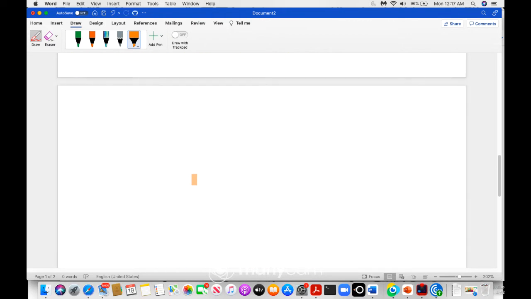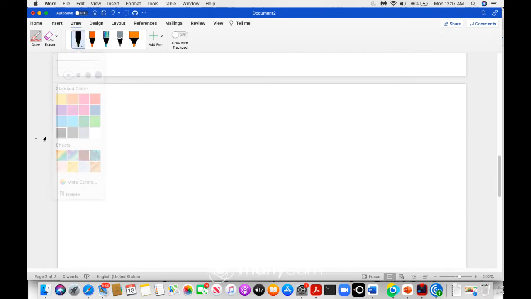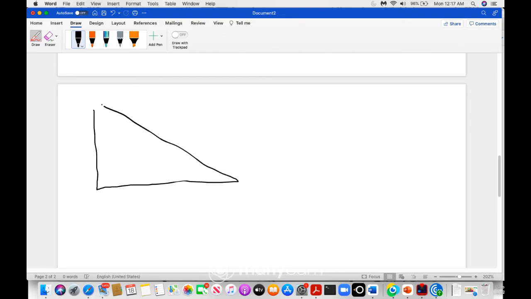So I'm going to do it down here. So I'm going to kind of redraw our picture of the right triangle. Okay, so we have this. This is me failing at freehanding this drawing.